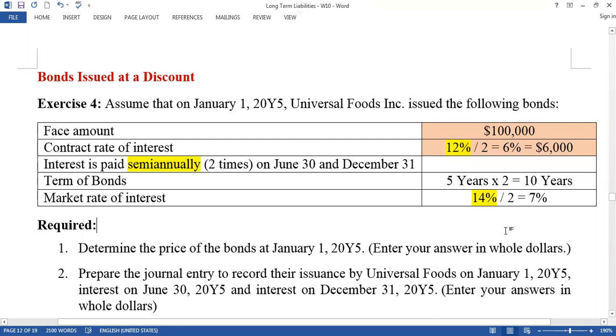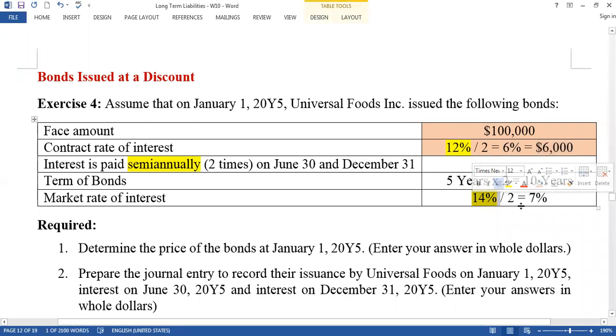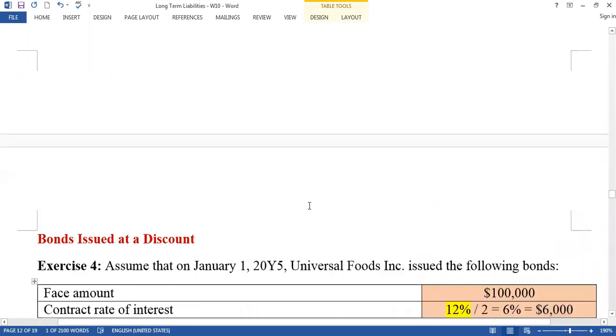So is this good news or bad news? You want to give them 12% interest, but the market said that I need 14% interest. So is it good news or bad news for the company? Bad news, because you have to pay more interest expense. First you decided to give them 6,000 interest for every installment, right? But actually the market said no, we need more. So we are going to pay more interest expense.